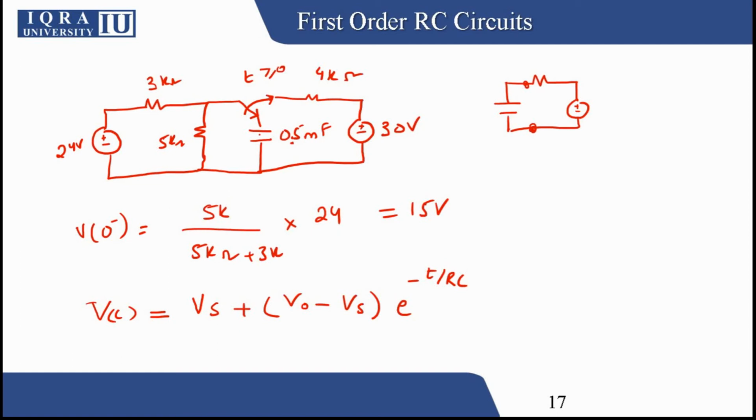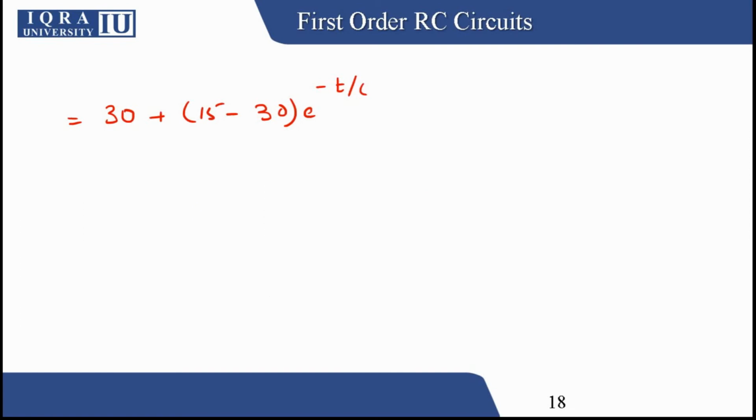So the resistance will be 4 kilo ohm. There is only one resistance. So the resistance is 4k, and the capacitance value is 0.5 millifarad.